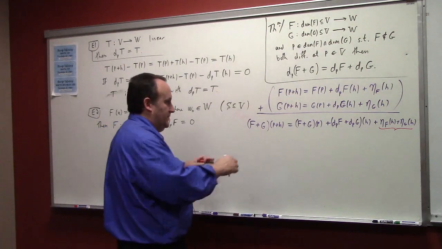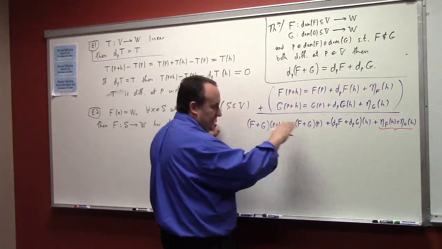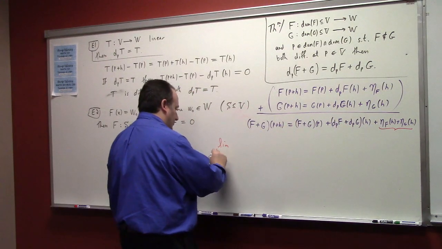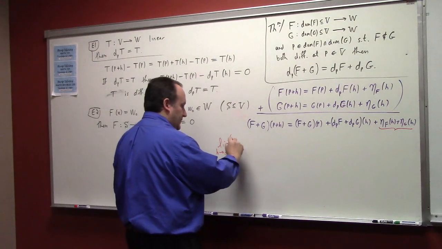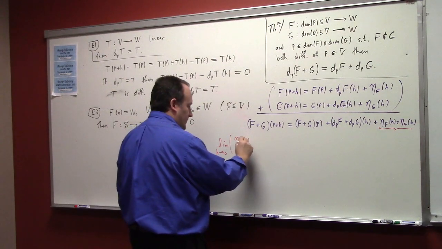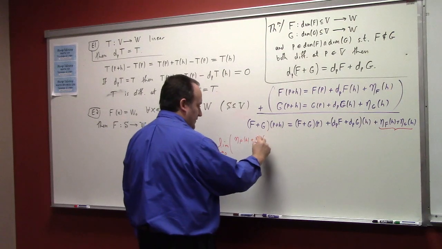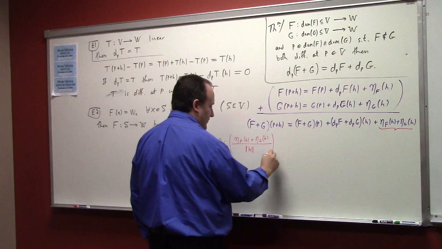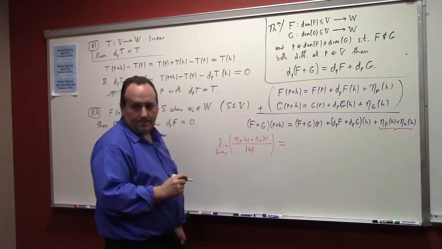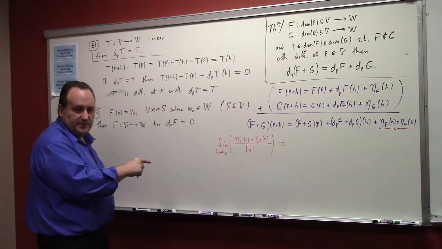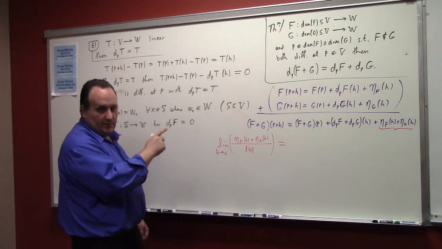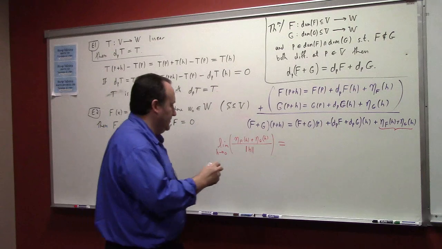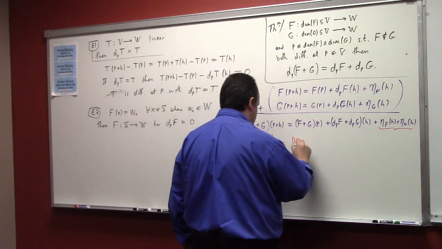So I need this identity, but I also need that the limit as h goes to 0 of eta f of h plus eta g of h divided by the norm of h, if I recall correctly, has to be equal to 0. But that is equal to 0 because we're given that the quotients of the error function for f and the error function for g separately are equal to 0. So by linearity, the limit.